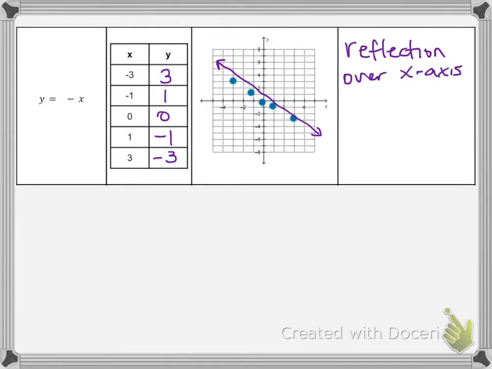Okay, so I basically am flipping this over the x-axis. It's going to change my slope from positive to negative for linear. Okay, so we have a vertical shift up, a vertical shift down, a stretch, a shrink, and a reflection over the x-axis. Okay, so let's look at this last one.